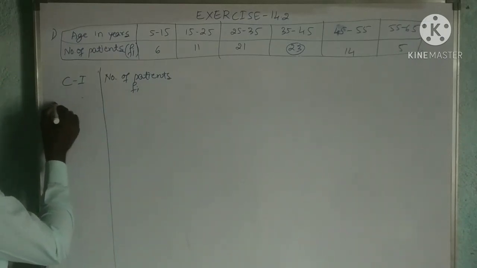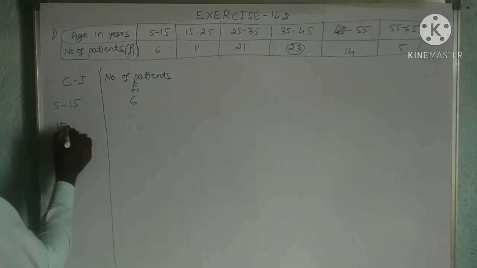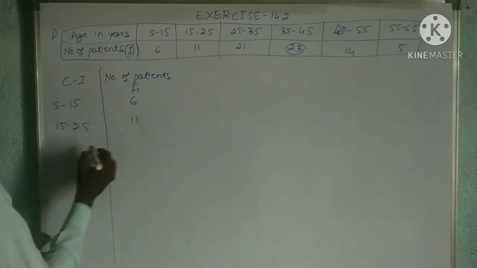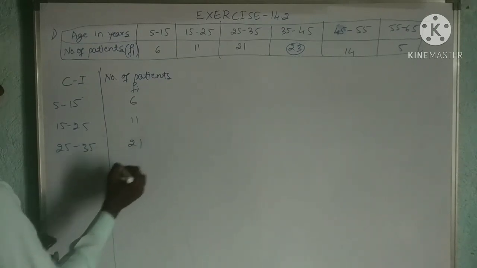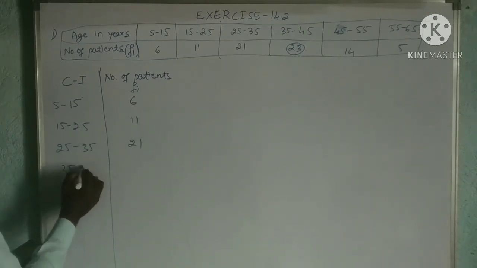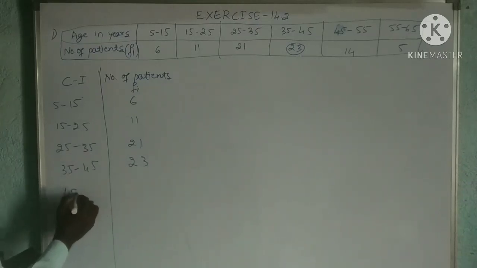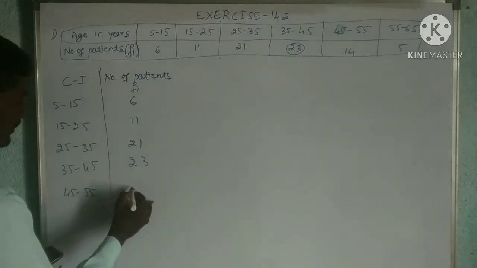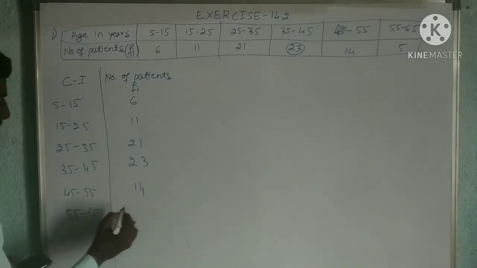First class interval is 5 to 15, 6; 15 to 25, 11; 25 to 35, 21; 35 to 45, 23; 45 to 55, 14; 55 to 65, 5.